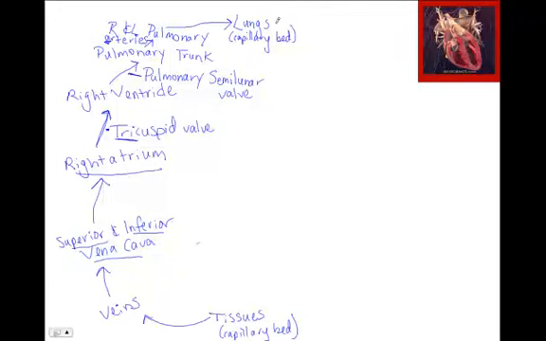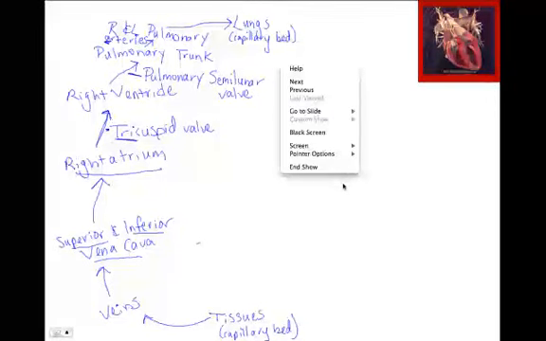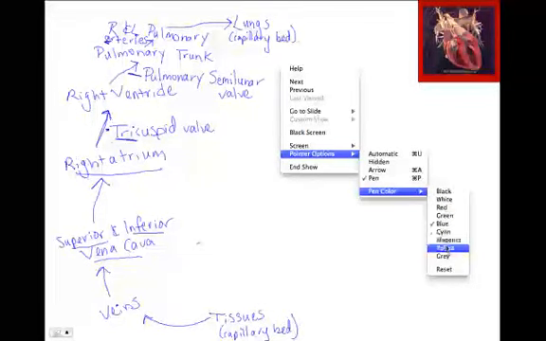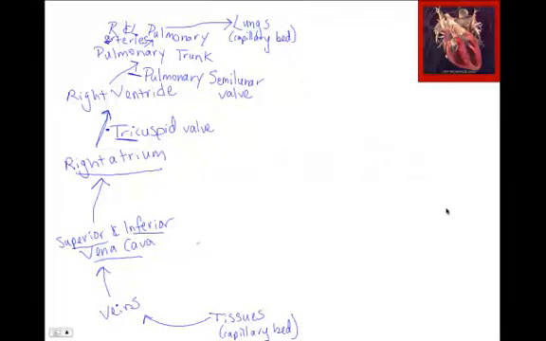And so I'm going to swap my pen color here. Now we've picked up oxygen in the lungs and we've dumped our carbon dioxide. And now we have to go back to the heart for another pump so that the blood can make it all throughout the body.